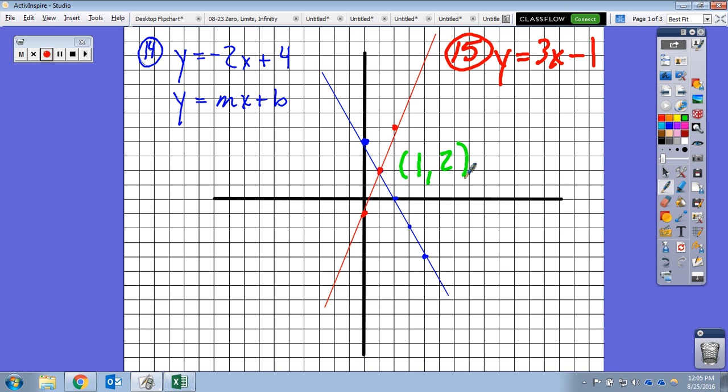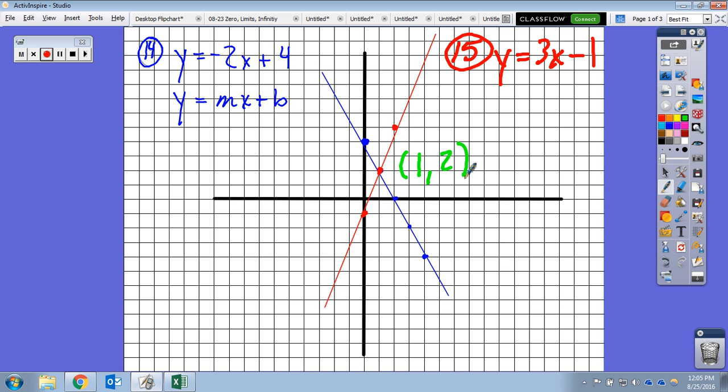Okay, so 1, 2, the intersection. This means, if you ever want to check yourself or see if this is true algebraically, this better make not only this statement true, but also this statement true. If I let x be 1 and let y be 2, does it make this statement true?